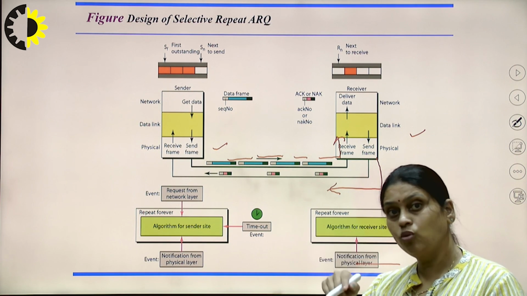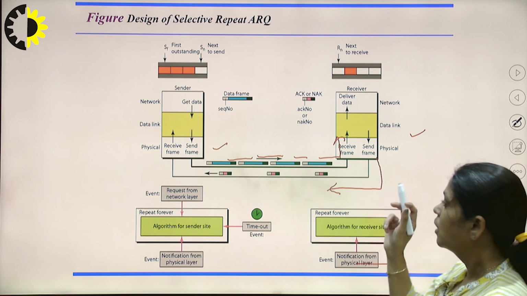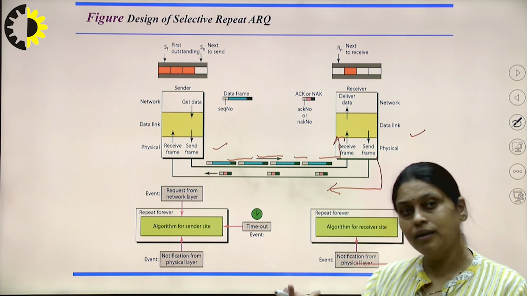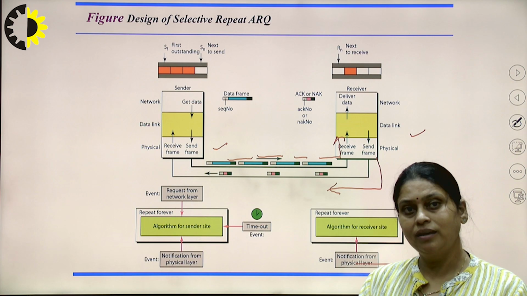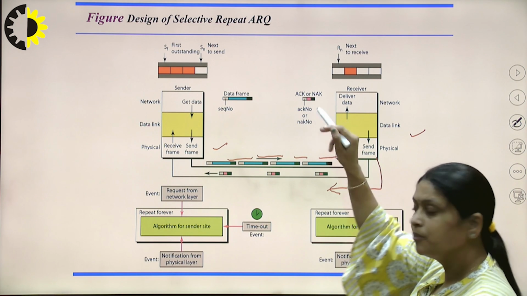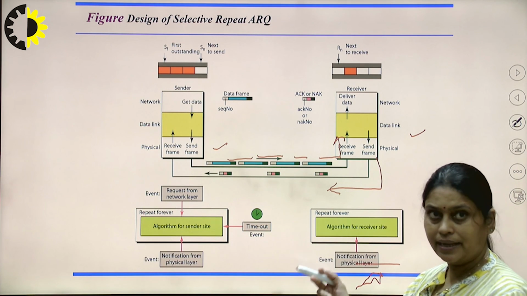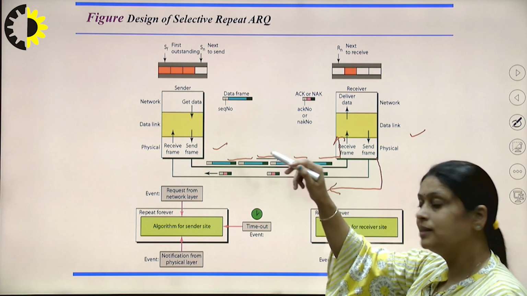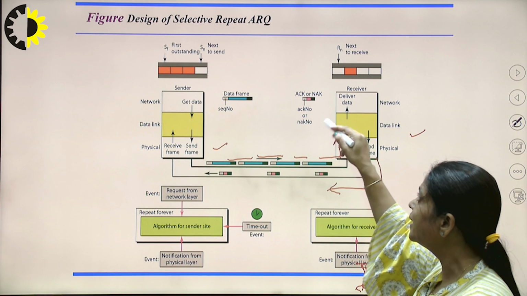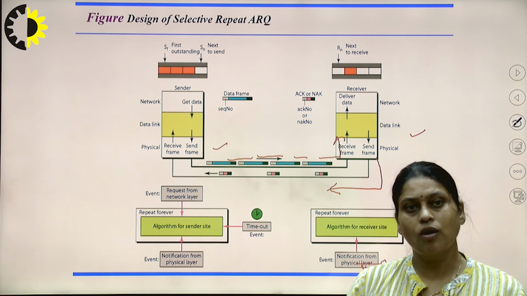If we compare it with the previous method, Go-Back-N ARQ, in that method only the acknowledgement field is added with the frame. But in selective repeat ARQ, we add two fields here. One is acknowledgement or negative acknowledgement. Either it will be a negative acknowledgement or a positive one.